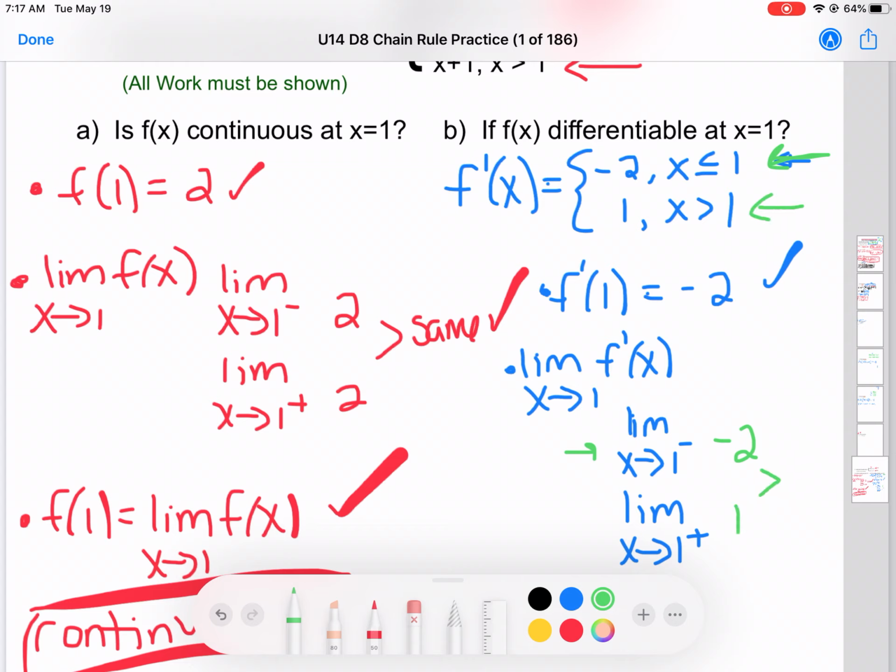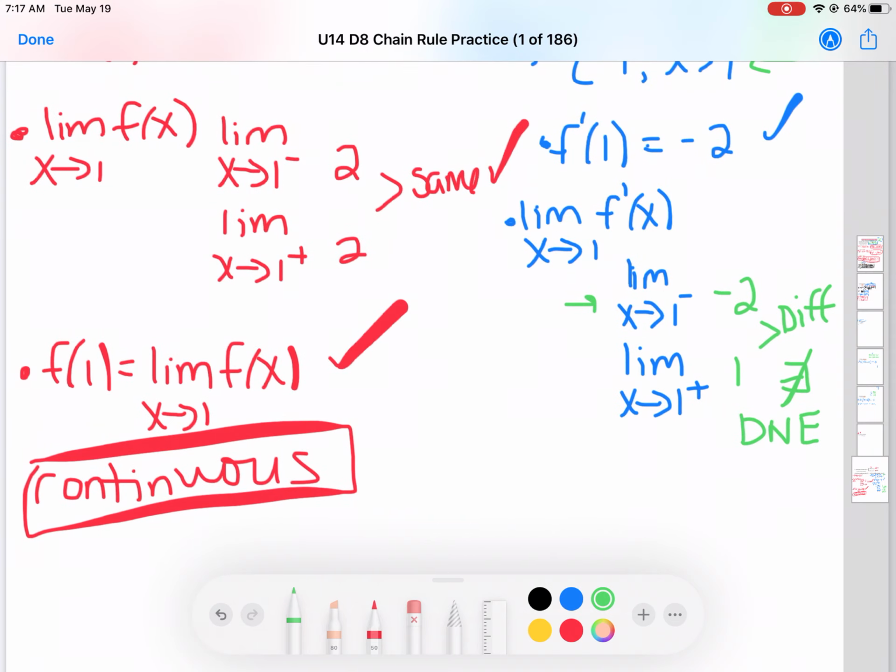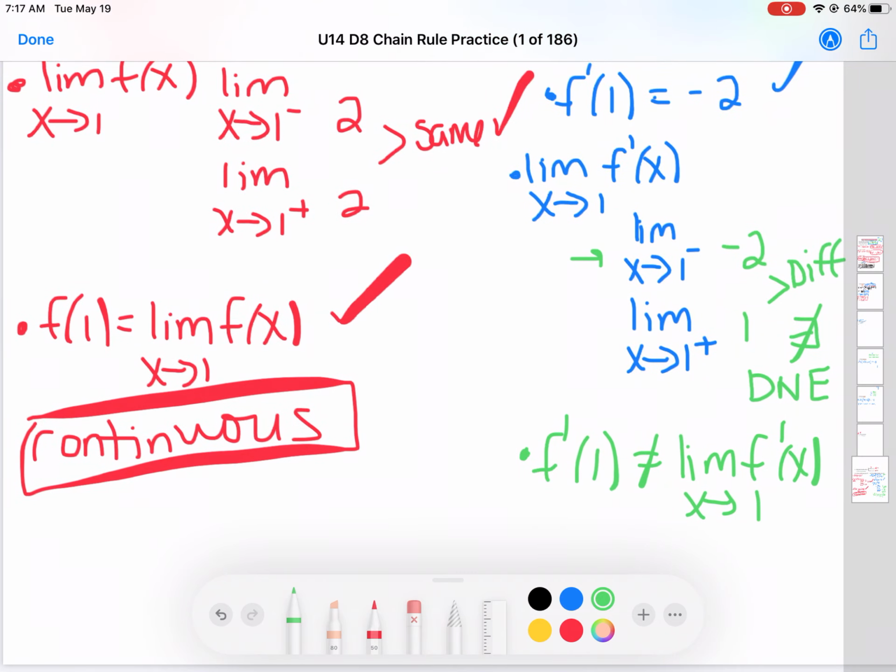So these guys are different, right? So the limit does not exist. You can write it like this, or you can write DNE. It does not exist. So our last step then, the function value does not equal the limit. Okay, they do not equal each other, so therefore this is not differentiable.